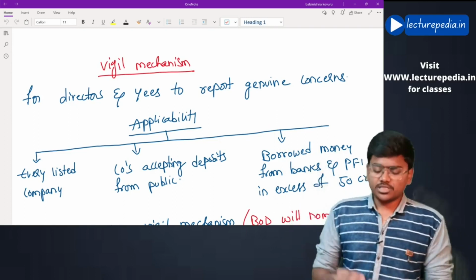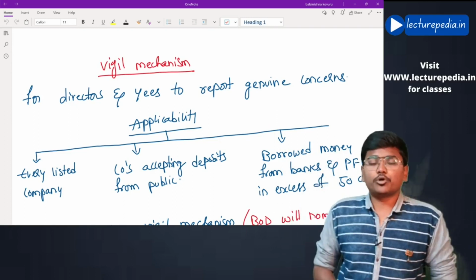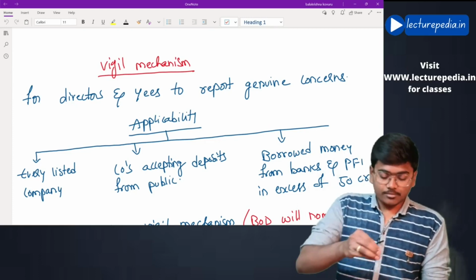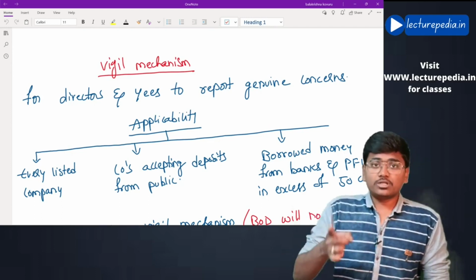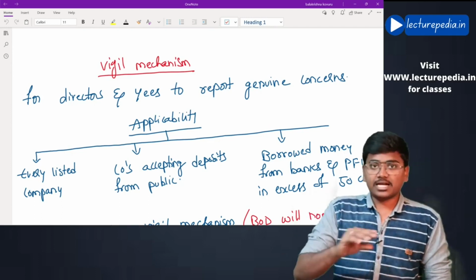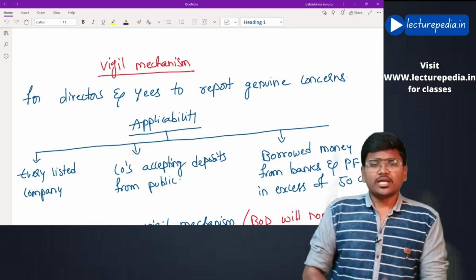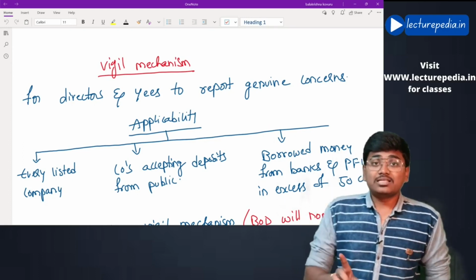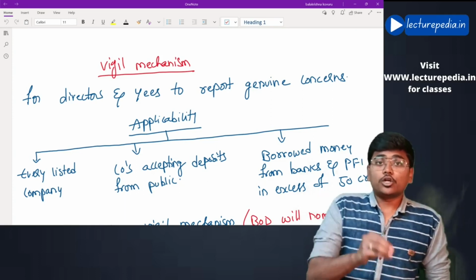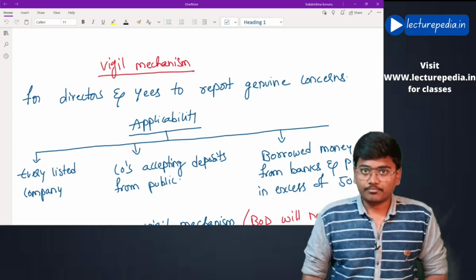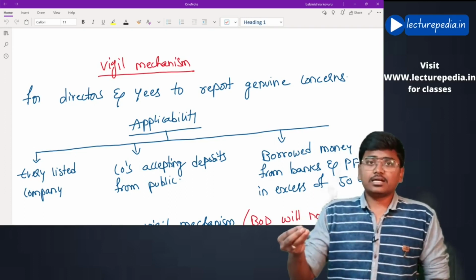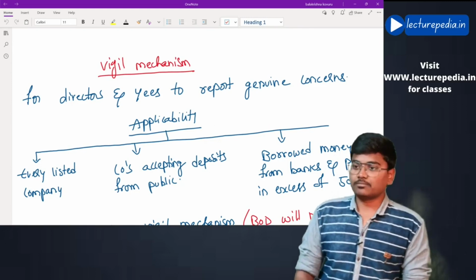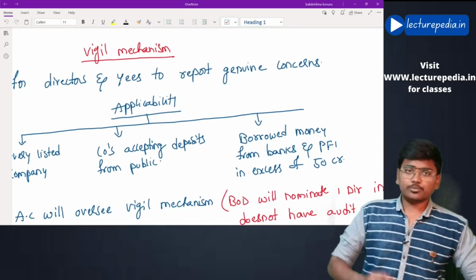In the whistle mechanism, the reporting entity would be the audit committee. In case the company is not required to constitute an audit committee, then the board of directors will nominate a particular director, and the directors and other employees can report to such nominated director. Hope that is clear. That would be the concept of whistle mechanism.